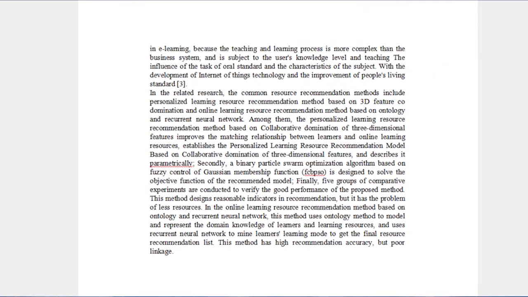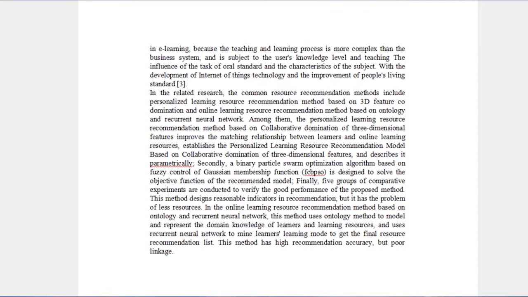First, it establishes the personalized learning resource recommendation model based on collaborative domination of three-dimensional features and describes it parametrically.